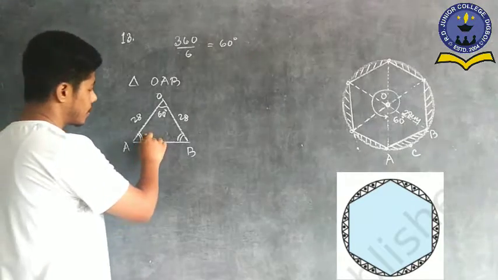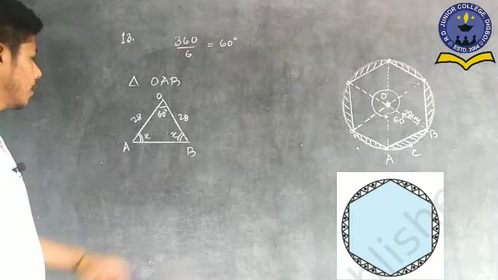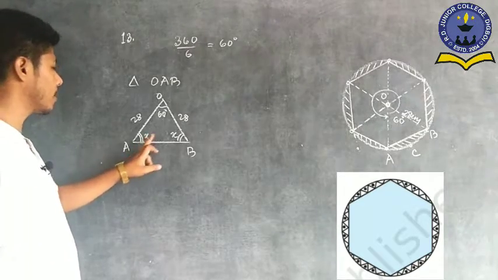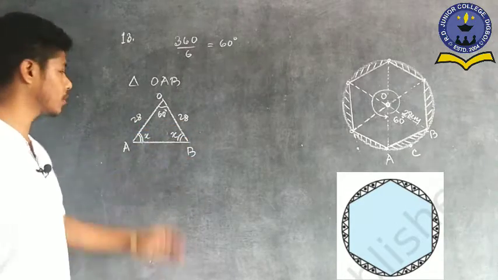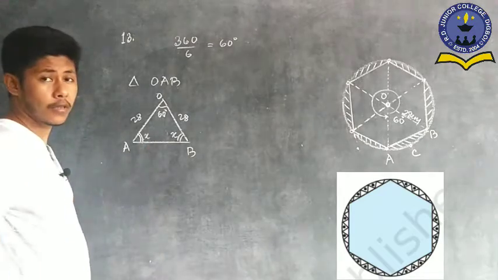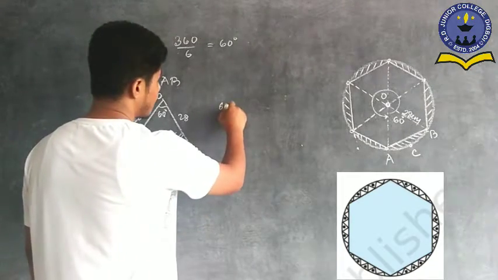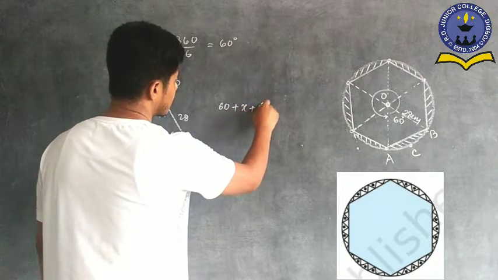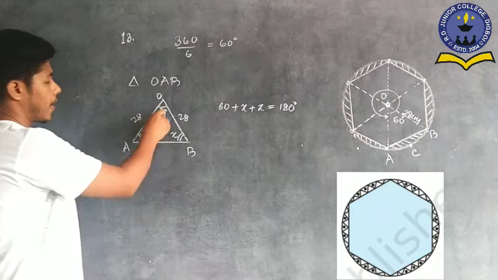We don't know this angle, so we consider this one as x first of all. This one is also x, because these two angles are equal, because their opposite sides are equal. So the sum of these three angles is how much? 180 degrees. So you have to write 60 plus 2x equal to 180 degrees, by the angle sum property.